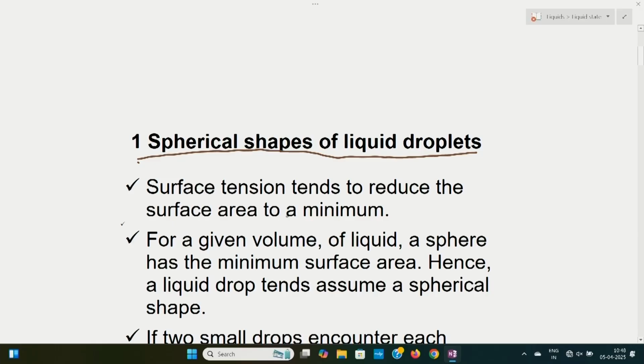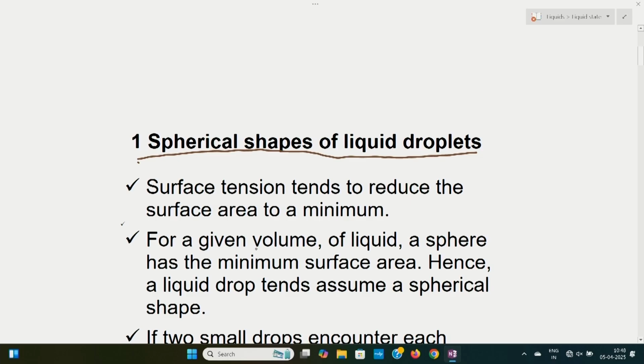Since the surface molecules try to reduce the surface area, the liquid will attain a spherical shape because the spherical shape has the minimum surface area.